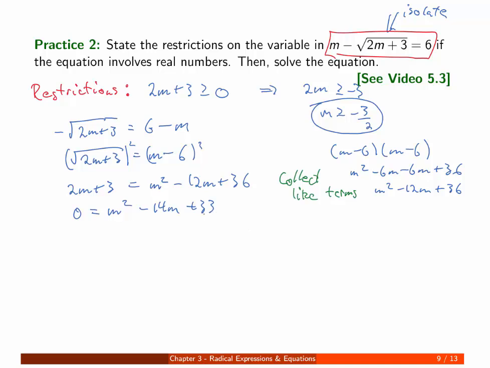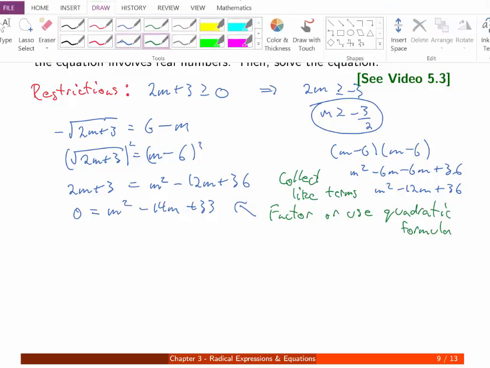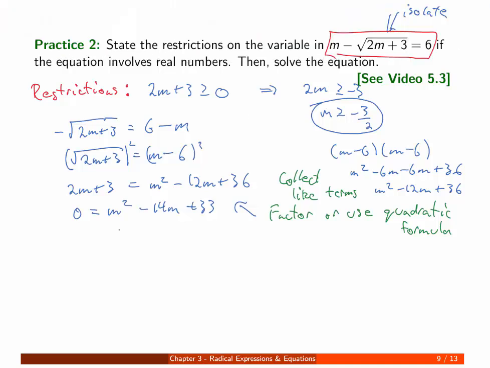Okay, so here you can either factor this or use the quadratic formula. I try to factor it first, if I can see it, by guess and check. You can use decomposition with this as well. Of course, I can already see the factors here, as you can as well.